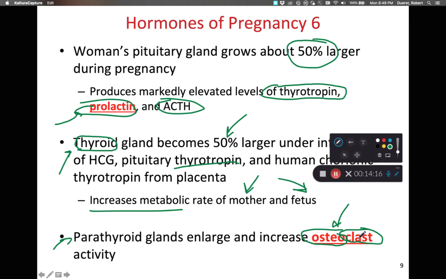It also can be a bad thing, particularly if the mom had heavy metal poisoning when she was younger. Those heavy metals could be sequestered in the extracellular matrix of her skeleton, of her dense bone tissue. And when there's this upregulation of osteoclast activity, all of those heavy metal ions that were sequestered in the dense bone tissue of her skeleton can be released into her bloodstream a second time.